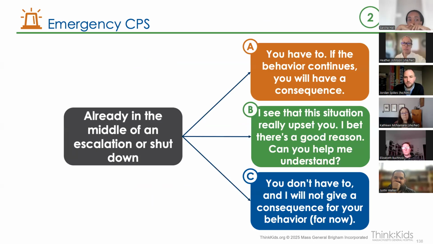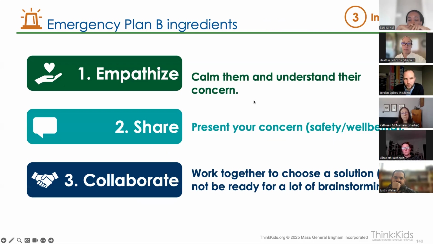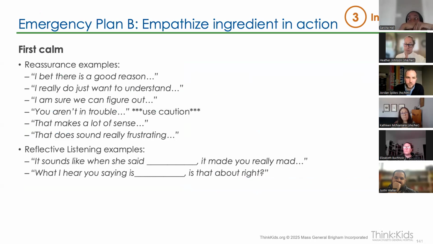Here are these. So then the intervention, the 3 ingredients, our goal is to calm them and understand their concern, right? We're really focused on calming them, present your concern, and then work together to choose a solution. And they may not be ready for a lot of brainstorming. And typically our concern is around safety and well-being. So it's just trying to keep it in the context of emergency situations.